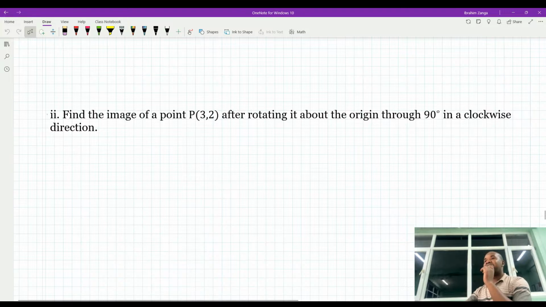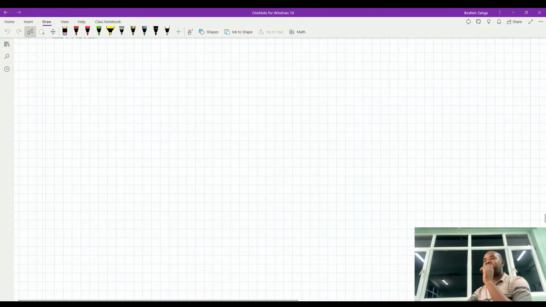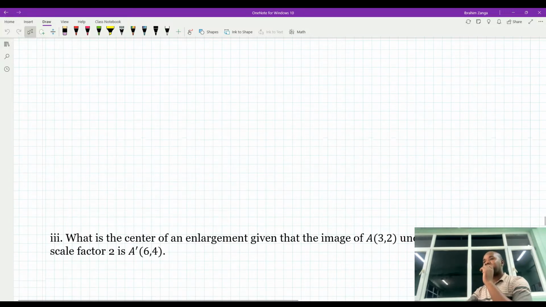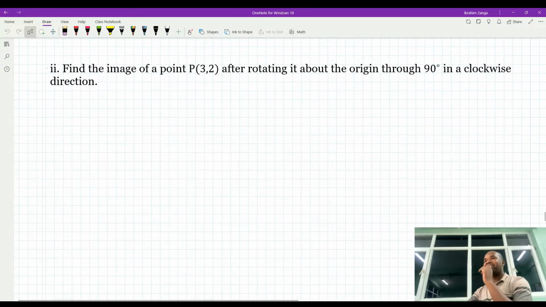We go to the last question for this session. I apologize, we have two more. Find the image of the point (3, 2) after rotating it about the origin through 90 degrees in the clockwise direction. So we have a point, and to do this question, we are going to use a sketch. An apology for my rough sketch.